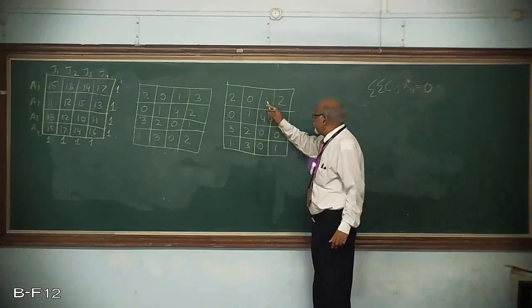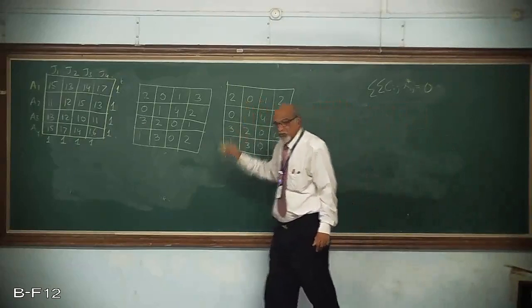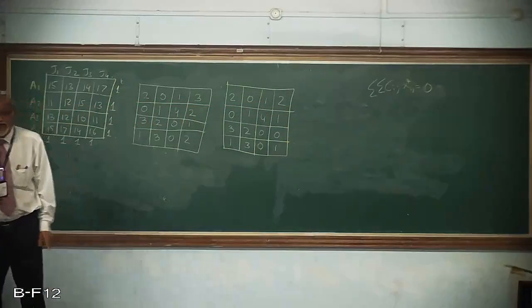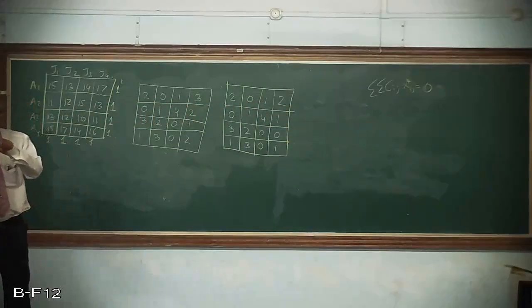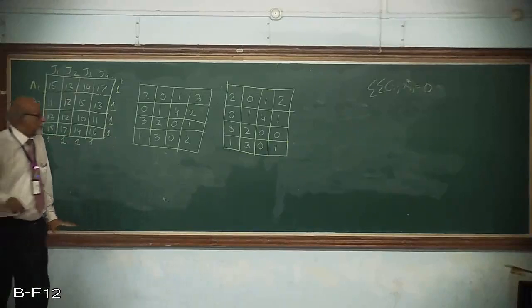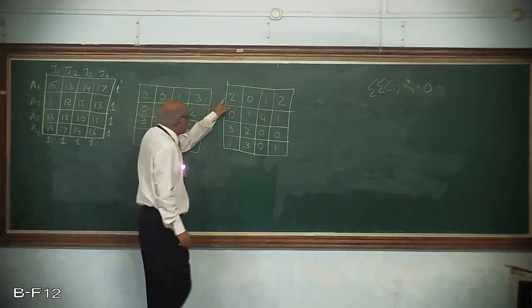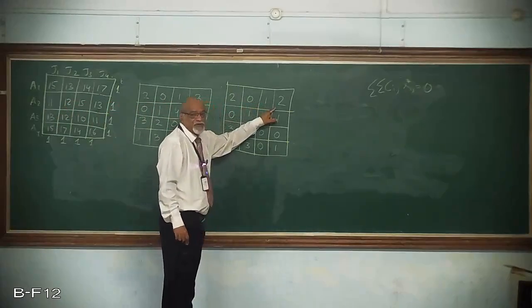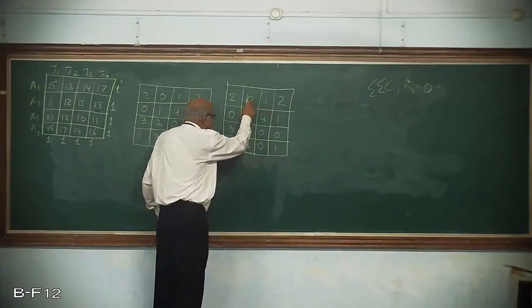You start from the first row, you start scanning till you get exactly one 0 in the row. Fortunately, there is exactly one 0 in this first row itself. So I'll mark this.